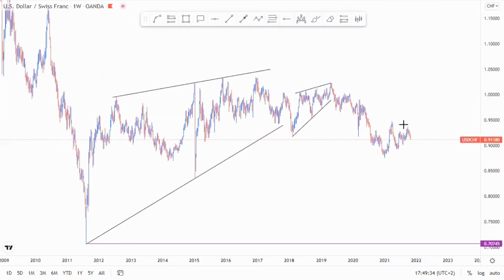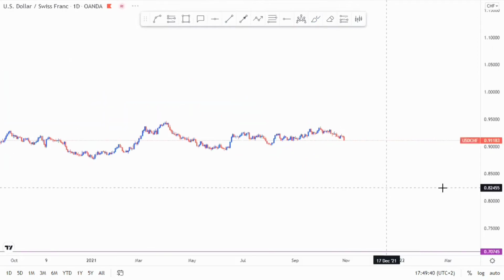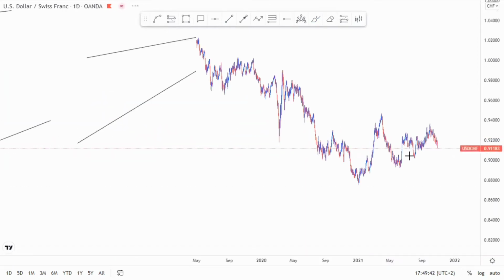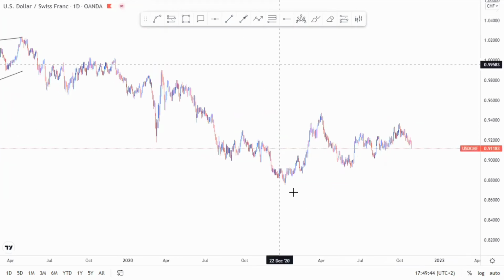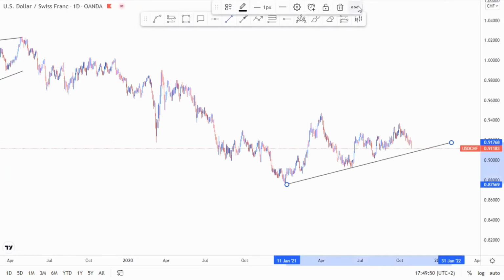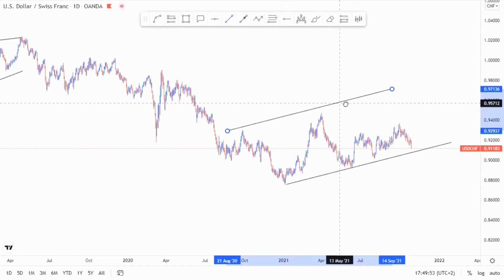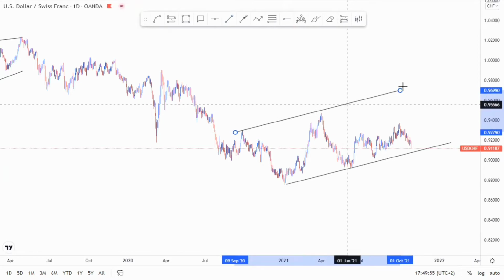So let me dive into the analysis, going to the 1-day time frame. And on the 1-day time frame, I see this. Let me just clone this and see if it connects. Okay, almost, but let me adjust it.